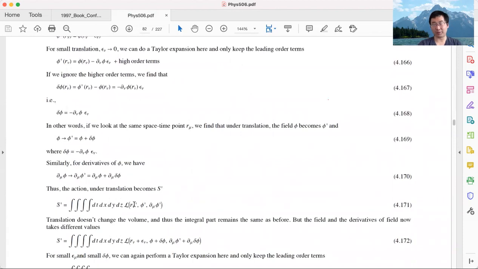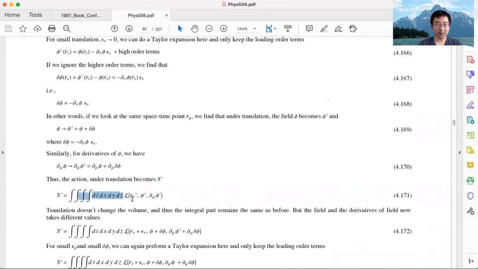Then we can just look at the new Lagrangian or new action. The new action is again a space-time integral. Space-time integral doesn't change under translation. And this Lagrangian used to be a function of R, phi, and gradient phi. Now it becomes a function of R prime, phi prime, and gradient of phi prime after I do the translation.